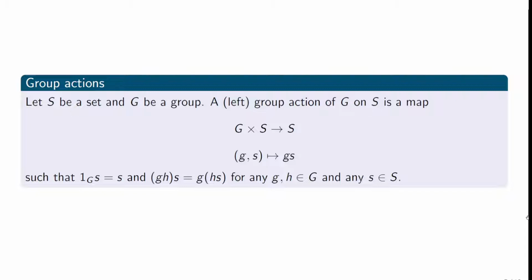It needs to adhere to some specific properties: the identity of the group has to act as the identity map, which means that it fixes all of the elements of S, as you can see here. And additionally, it has to satisfy the composition rule as well.